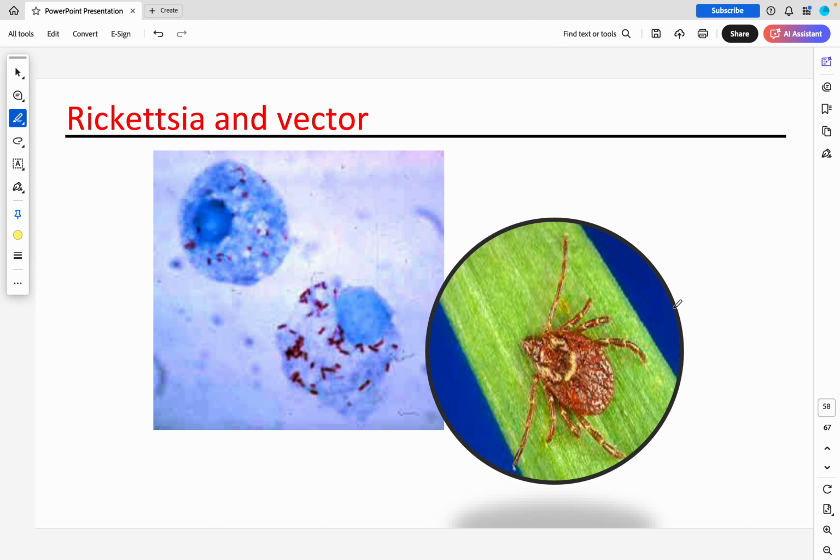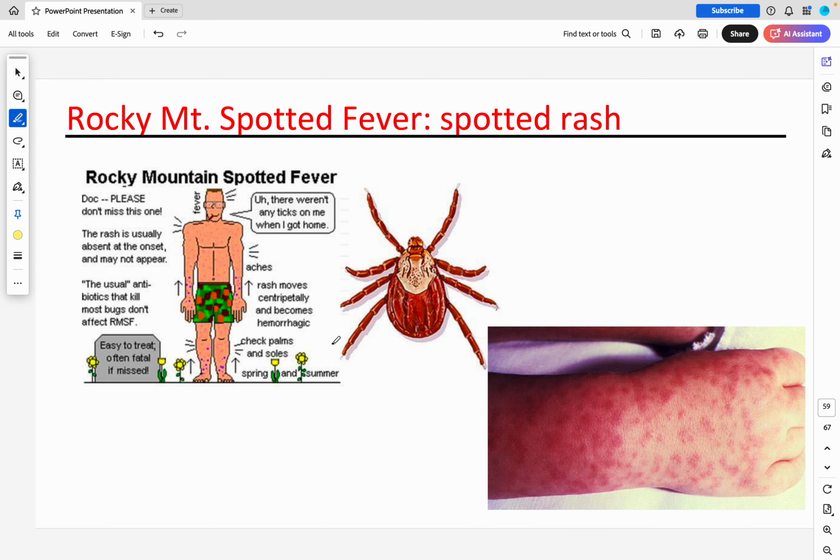Okay, so this is the vector of Rickettsia, and you can see Rickettsia cells stained red here inside the host cell. And we have Rocky Mountain spotted fever, which presents with a spotted rash. The rash is usually absent at the onset and may not appear right away.